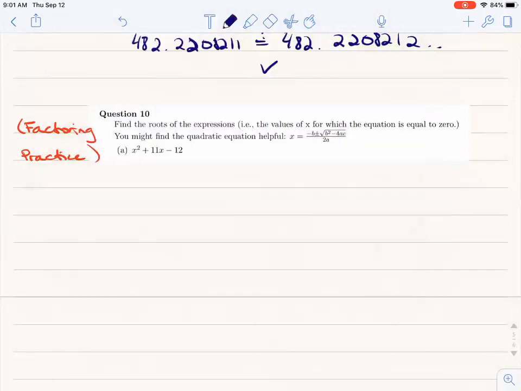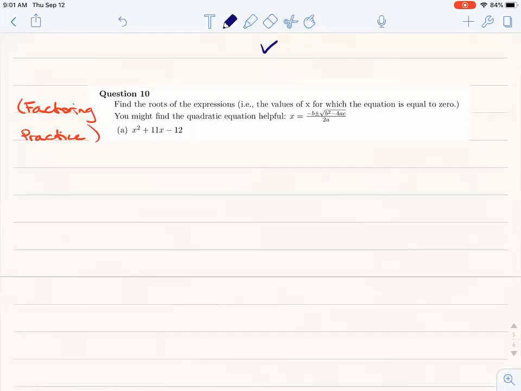There are other ways that you can do it too, but for this, we said it might be helpful to use the quadratic equation. So the quadratic equation helps us find values of x that make this 0, right? So essentially, where does this function cross the x-axis? At what values of x does that happen? Okay.